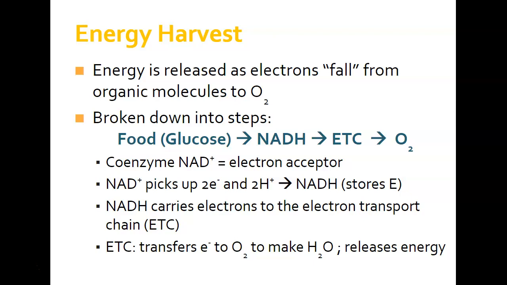It can pick up 2 electrons and 2 hydrogens, and therefore becomes NADH. NADH carries electrons to the transport chain, and then the electron transport chain eventually gives them down to oxygen, the final electron acceptor. And when you combine those with oxygen, remembering that electrons are really falling along with hydrogens, it makes water and can release energy at the same time.